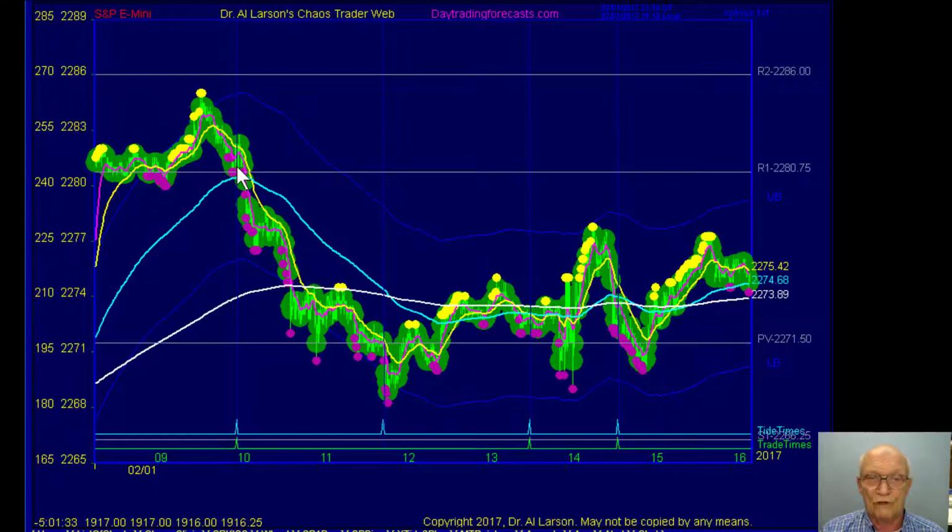Came back down and broke R1. Normally you'd think if you broke R1 at 2280.75 that you'd make it down to the pivot, which we did, 2271.5. So there in a nutshell is how the moon tides and some good charts could have helped you out in the E-mini today.